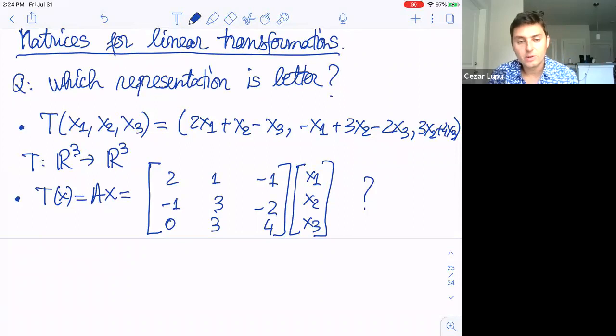Well, you will see that sometimes it's better to represent it in a matrix form, and I'll explain immediately why.